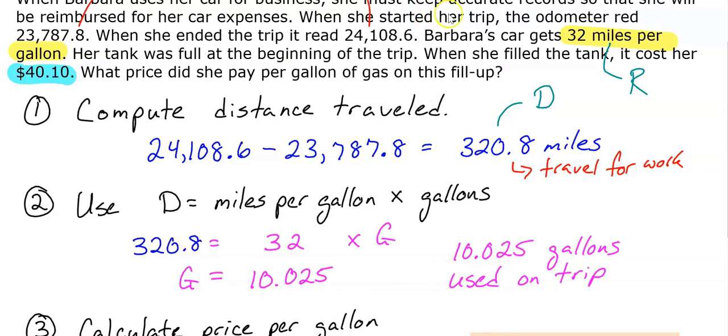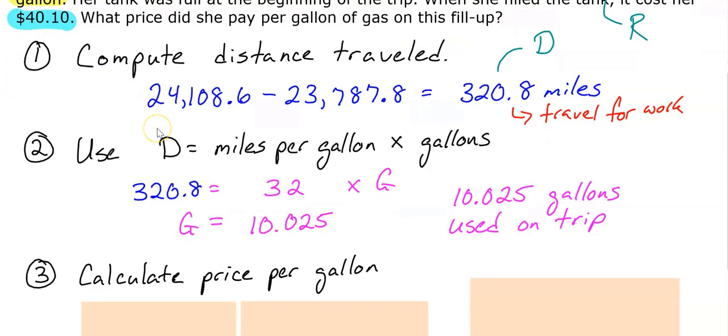Now, to calculate the price per gallon, we need how many gallons of gas she used on the trip, and we also need to know how much she paid to fill her tank back up. So she used 10.025 gallons on the trip, and she paid $40.10 to fill up the tank.